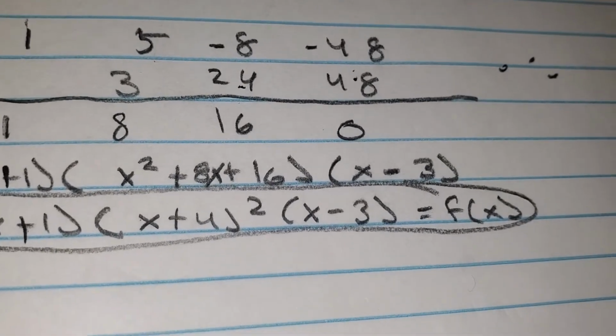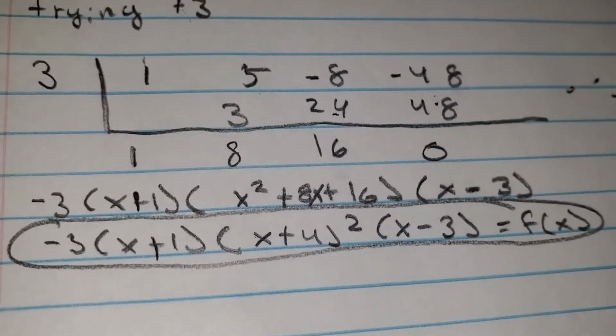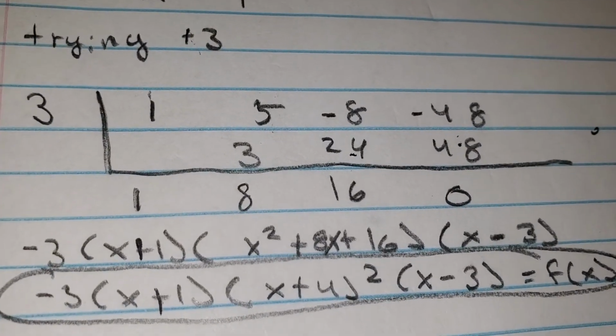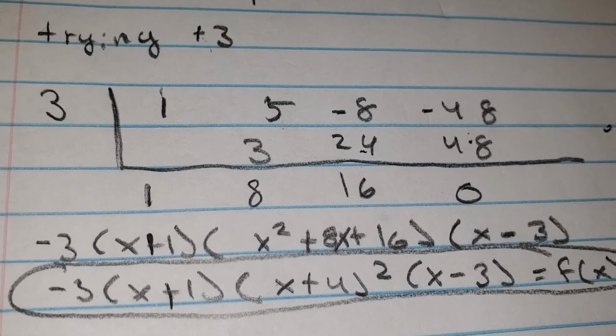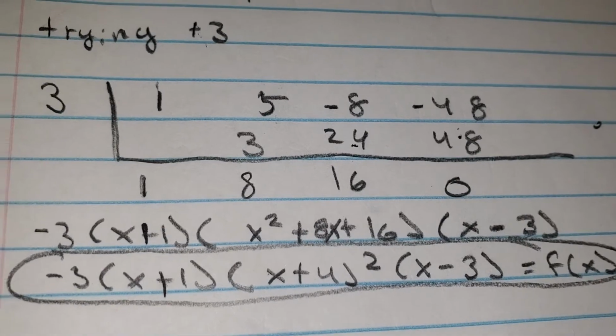So now that it's factored, we get -3 times x plus 1 times x plus 4 squared times x minus 3 equal to f of x.